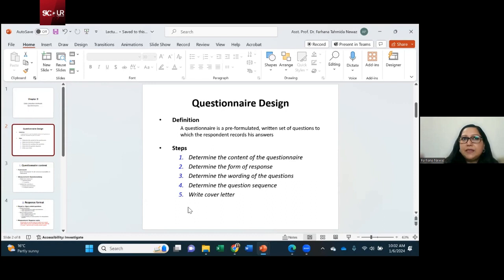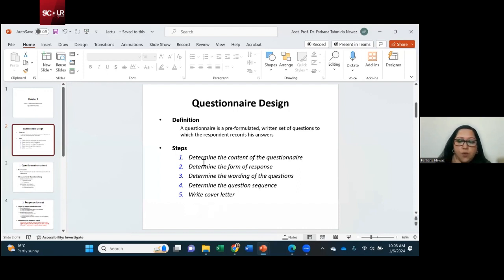What information you should put in your questionnaire and what answers you are going to get from your respondents. Then the format of the responses, then the wording of your questions, then determine the question sequence, and lastly, write a cover letter.